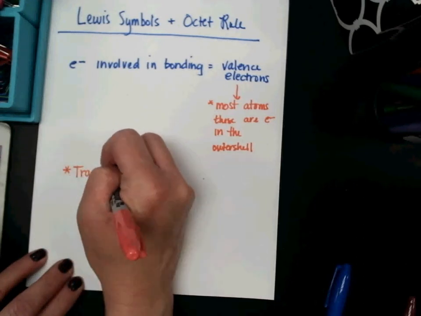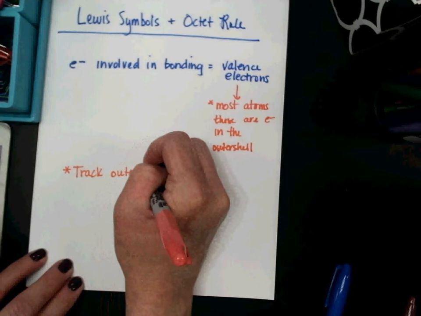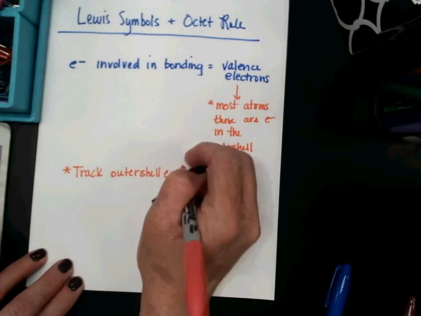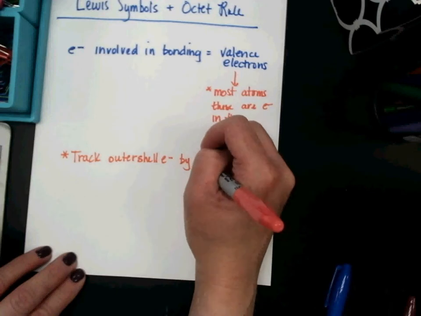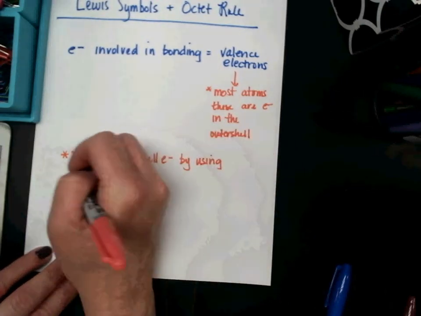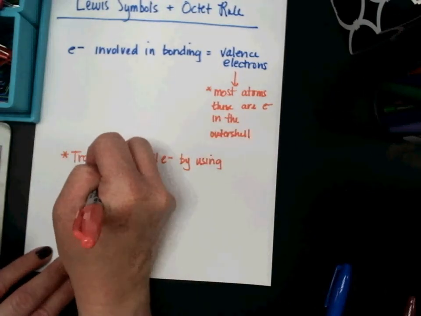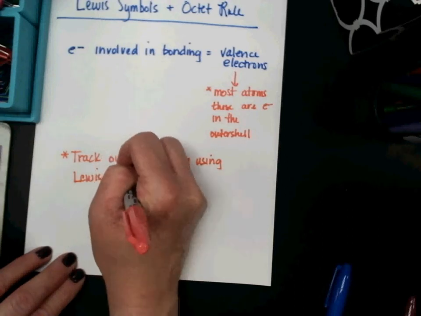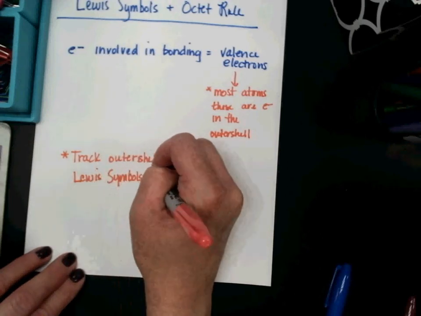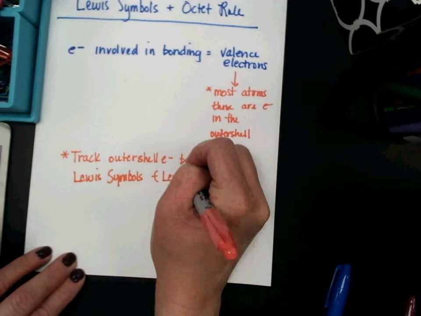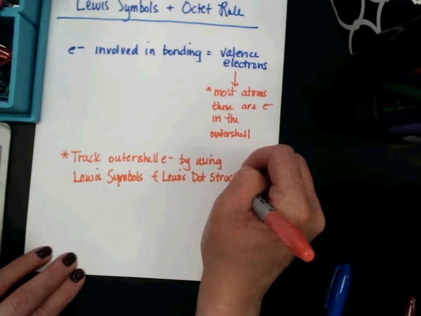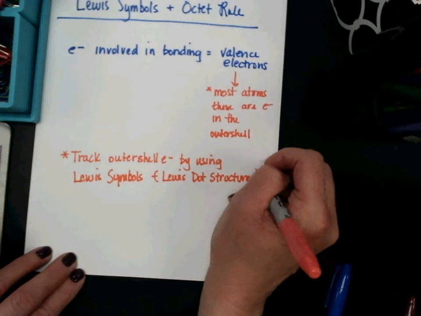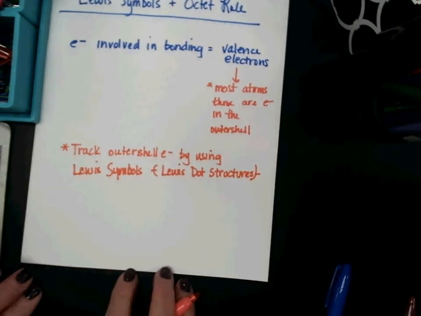The way that we track outer shell electrons is by using Lewis symbols, sometimes called Lewis dot structures. They're both the same thing.